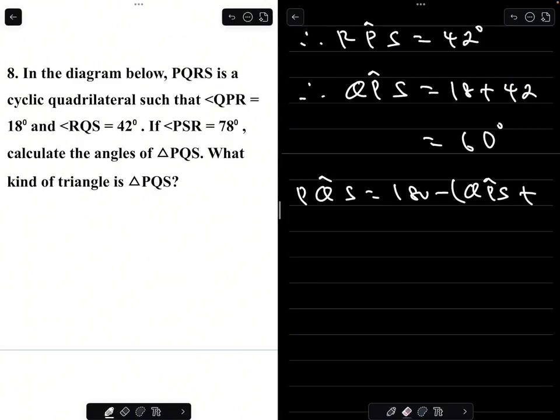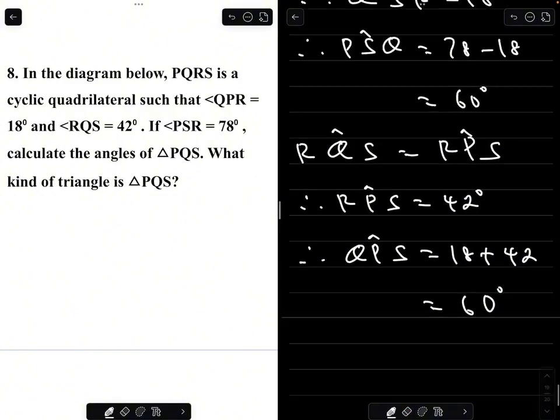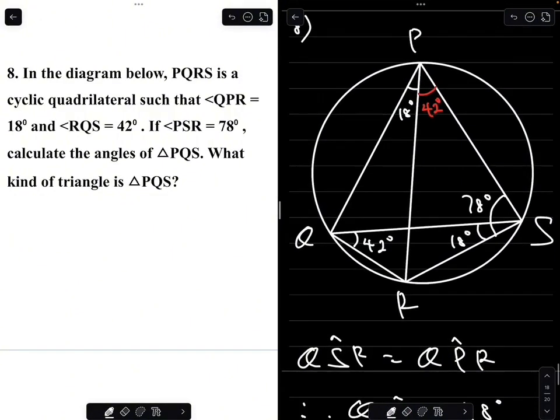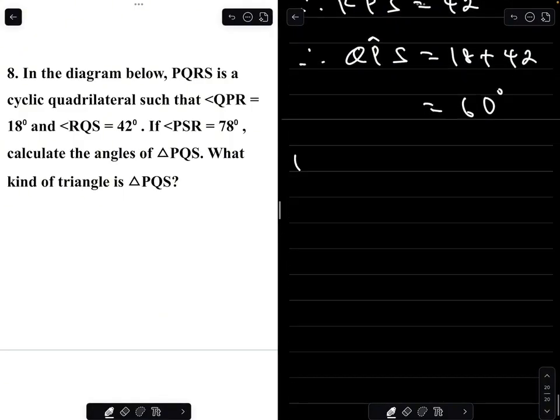Let me find a way to make sure that I can write that on a single line.